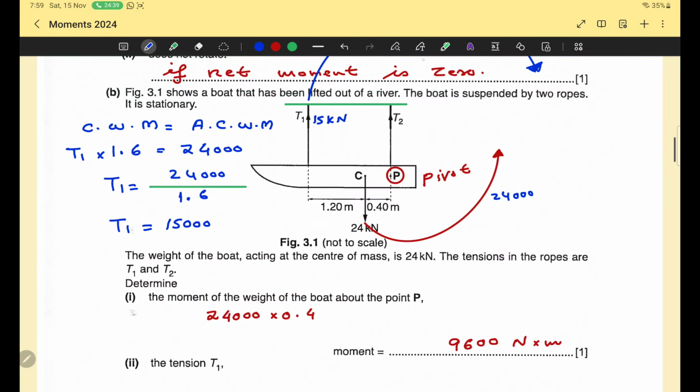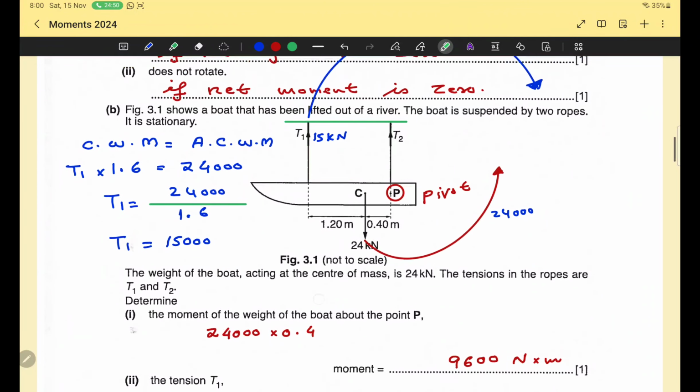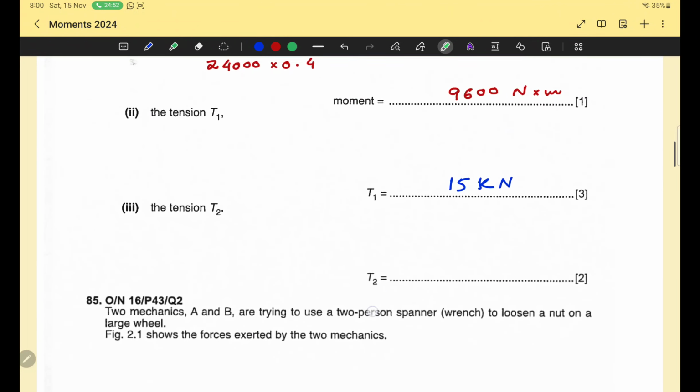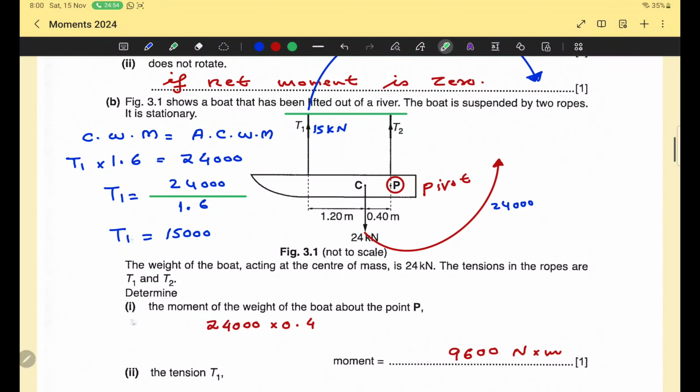Sir, why are you writing in kilonewton? We are given the weight in kilonewton, so I think forces and tension should also be expressed in kilonewton. And now the final question: what is tension number 2? We can calculate tension number 2 by the first condition of equilibrium. Upward forces equal downward forces.